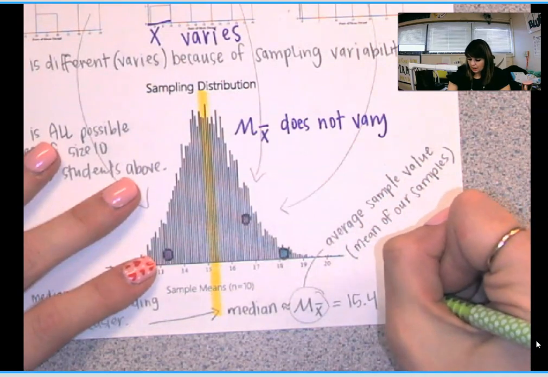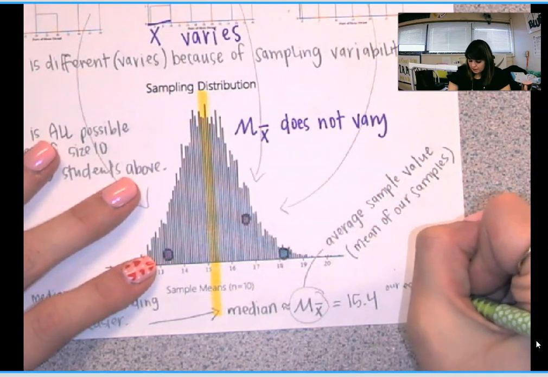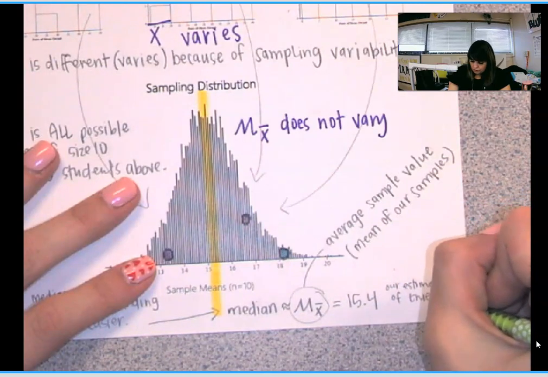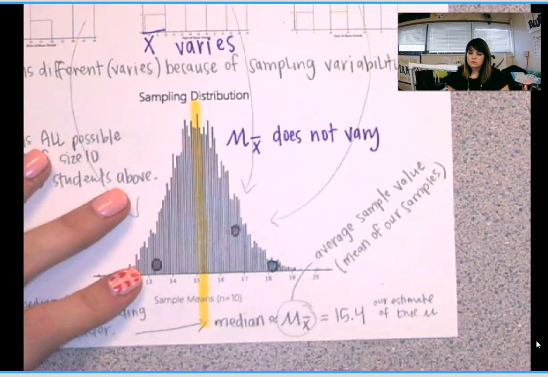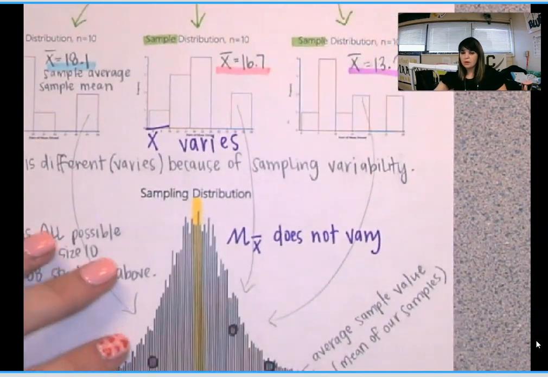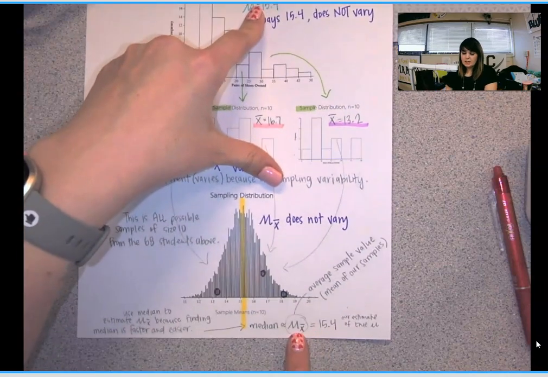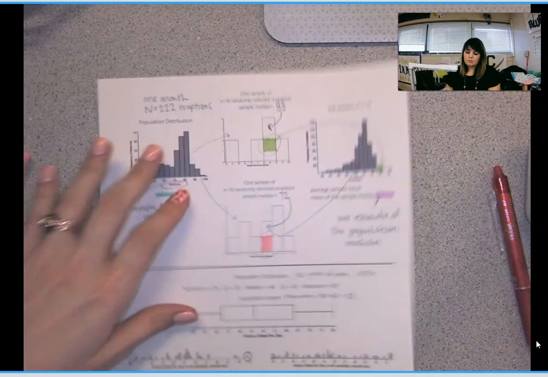This is our estimate of true mu. This is the only example where they equaled. My true value is equal to my sample average.